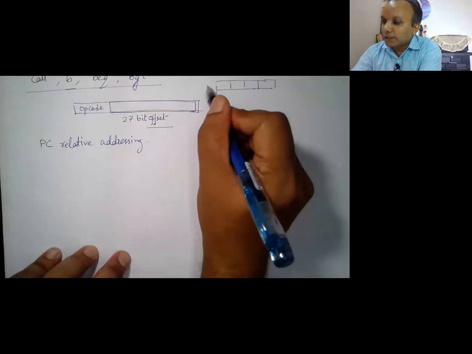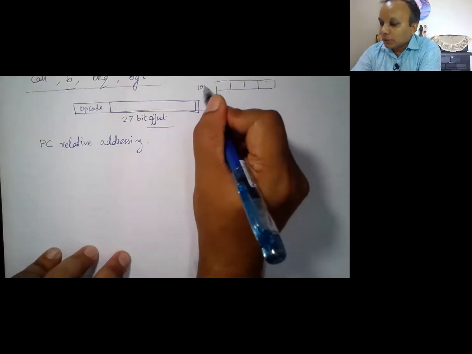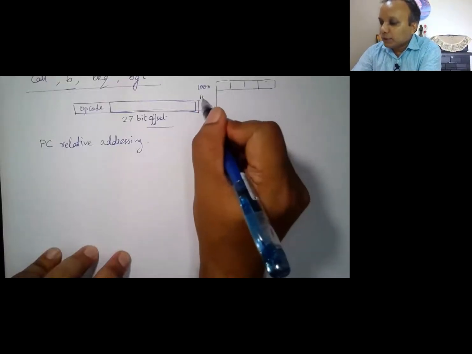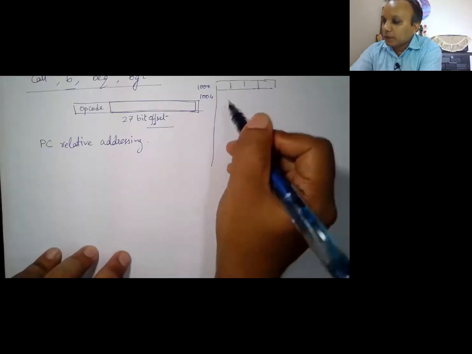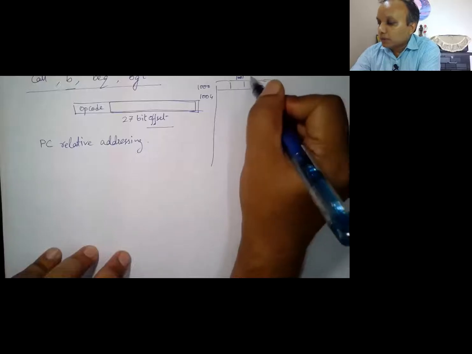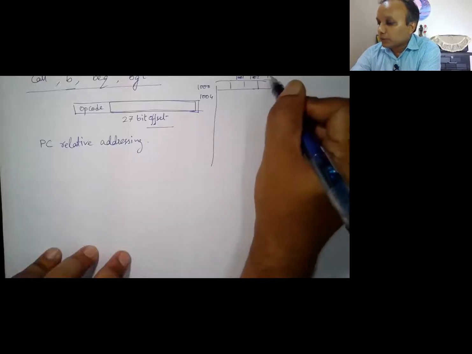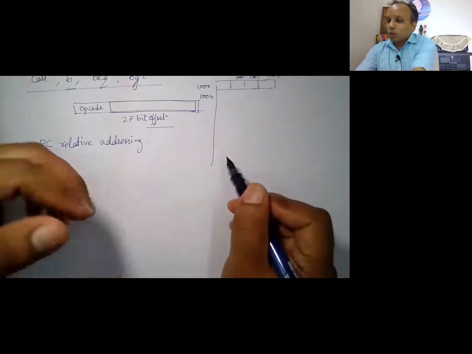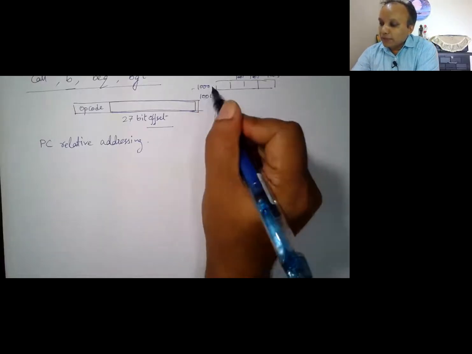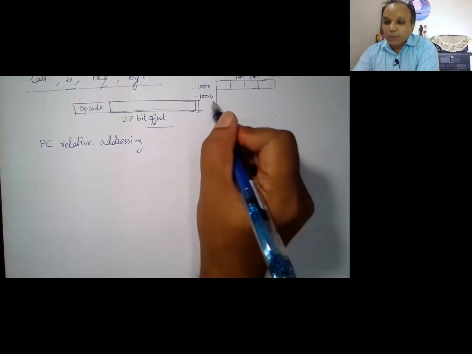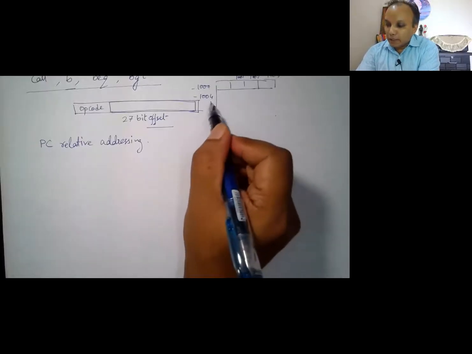So if this address is, let's say, 1000, then this will be 1004, 1008, and so on, because 1001, 1002, 1003 are inside the first instruction. So one thing to observe here is that all these addresses will be multiples of 4.